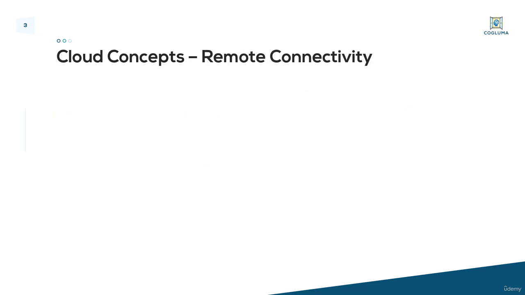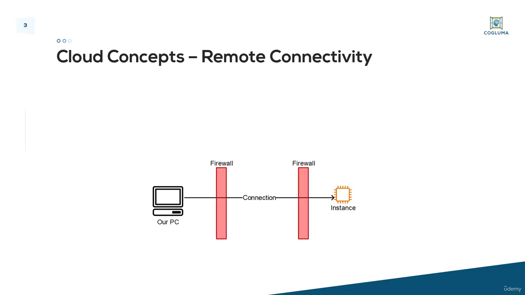With remote connectivity, as it pertains to AWS, we're going to be trying to connect from the computer that we're actually using to our EC2 instance. We have to remember that we potentially have firewalls that will control outgoing traffic on our own computer, and there certainly are going to be firewalls that control incoming traffic to the EC2 instance.